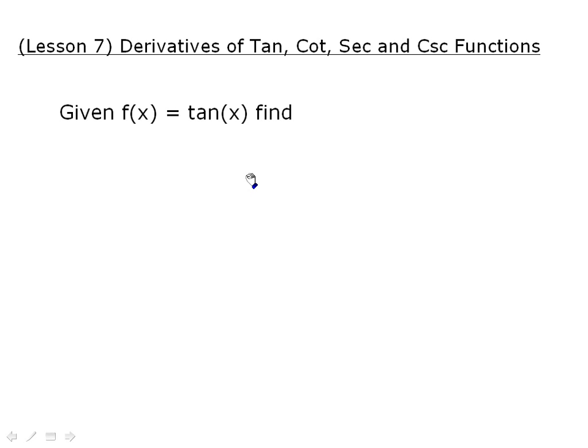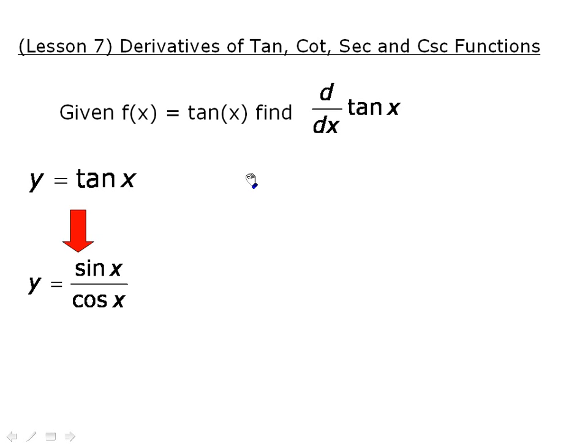Now, starting with tan. Given a function tan x, if we were to get the derivative of tan, we'd want to recognize first off that tan is in fact equal to sine over cos. And that allows us to use the quotient rule to differentiate.